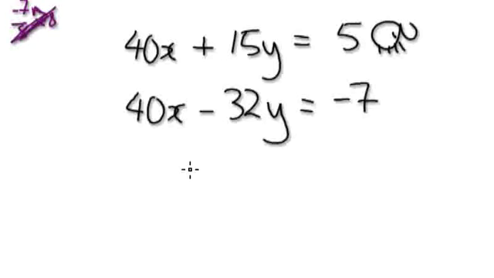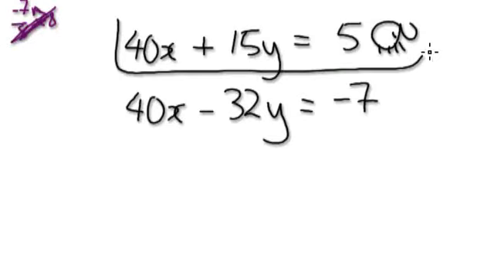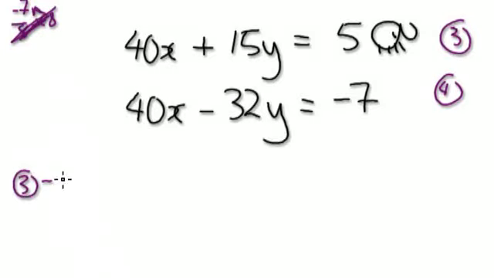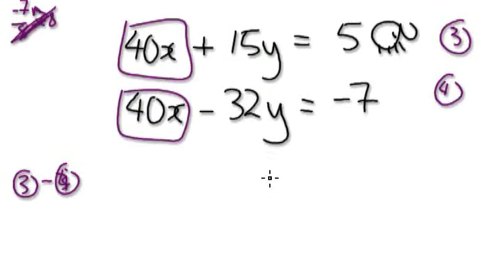Now we want to eliminate the x. So let's call this equation 3 and equation 4. Let's get equation 3 and take away equation 4. So this take away this, they're going to kill off each other.